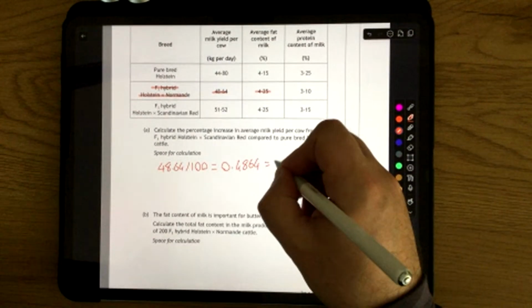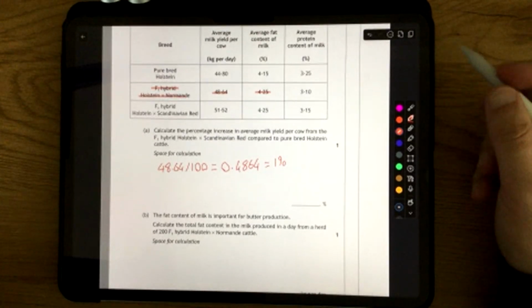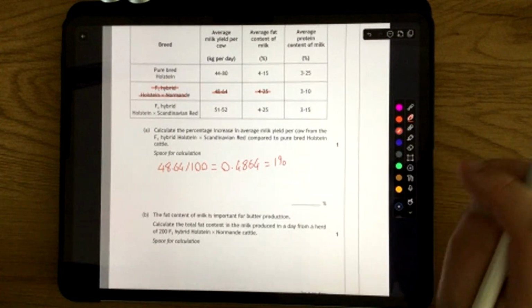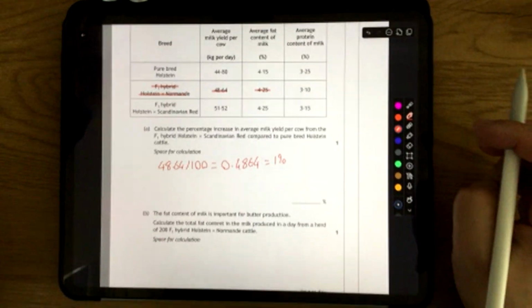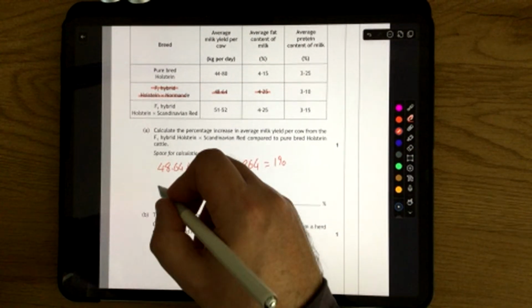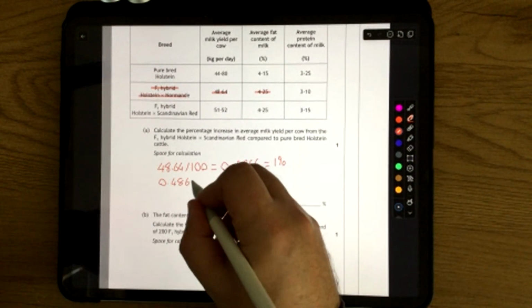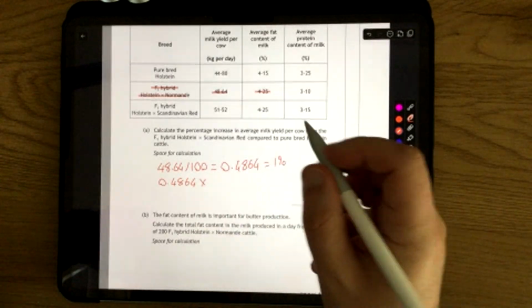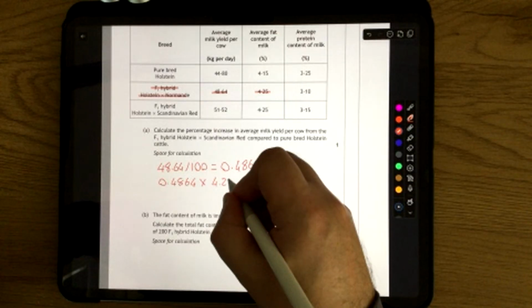So that's equal to 1% of the average fat content of the milk, but because we're going to need to work out what 4.25% is, I'm simply going to take 0.4864 and times it by 4.25.